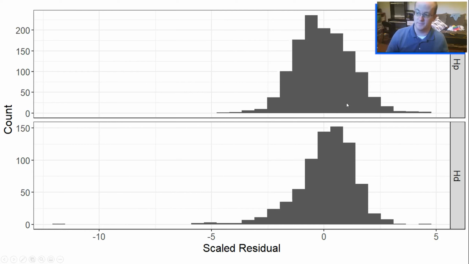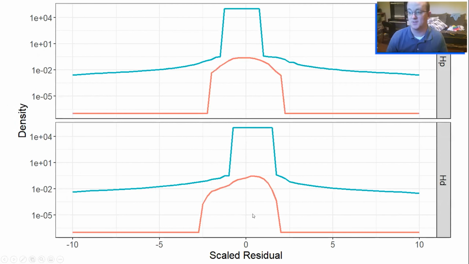So remember that the first component of this is to estimate a range of density values that one could achieve for each of the corresponding residual values. So that's what's shown here. The scaled residual value is on our x-axis here. And then there are two curves shown for the HP and the HD true scenarios.